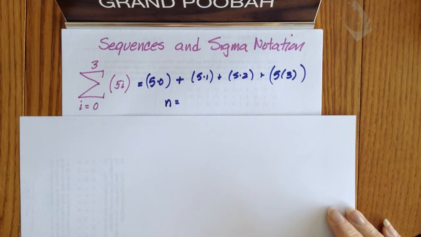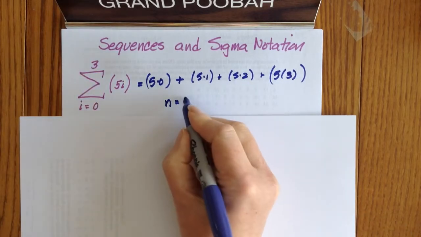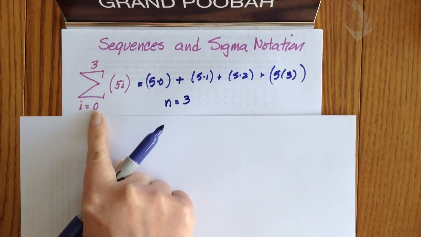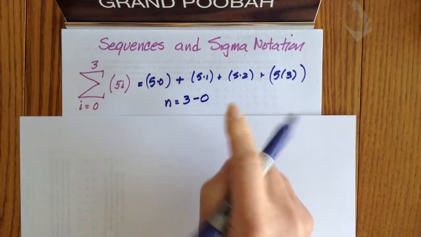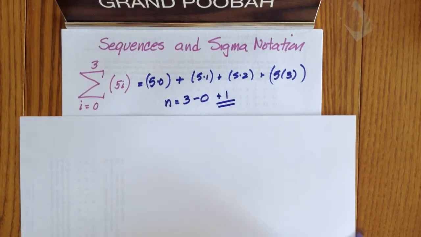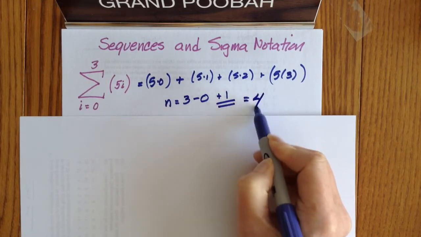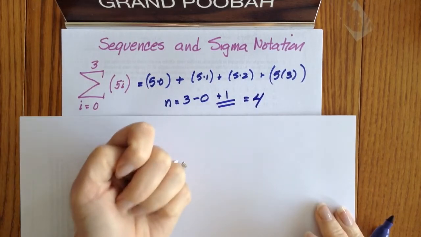And you can figure out the n value by taking the top number minus the bottom and then always add 1. So yes, 3 minus 0 plus 1 is 4 terms. That's right, people.